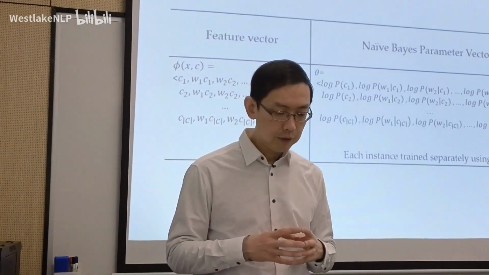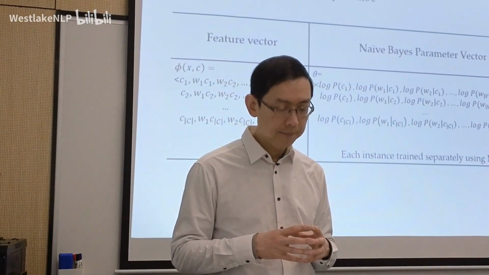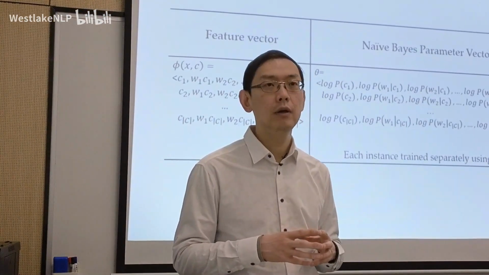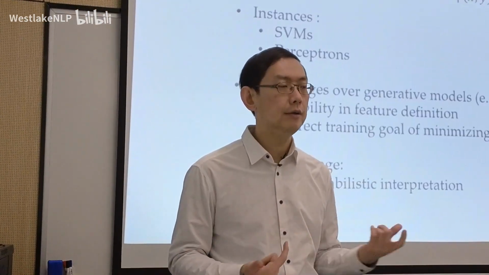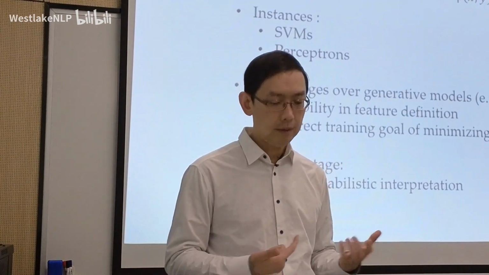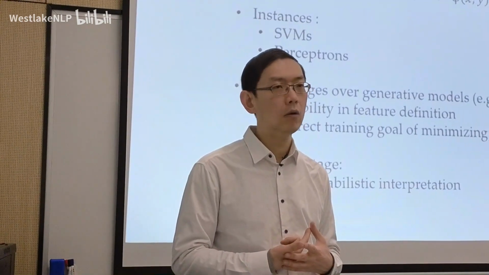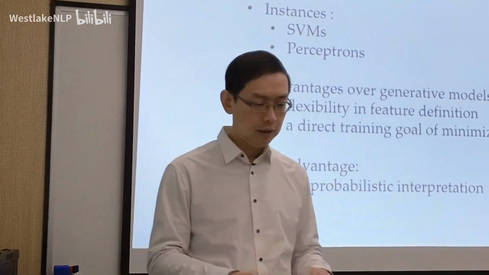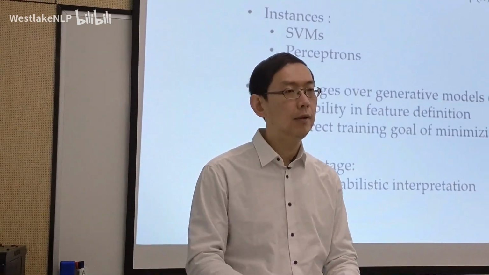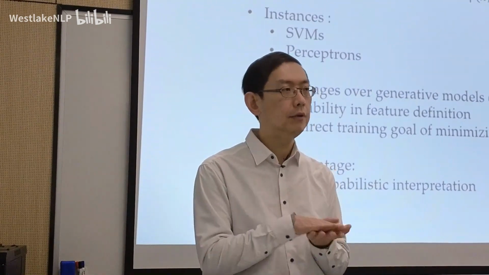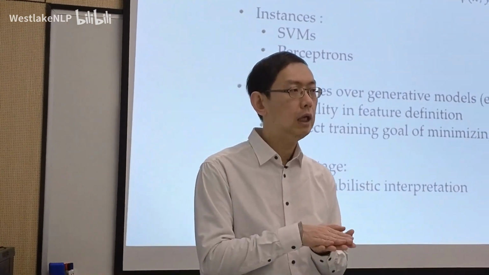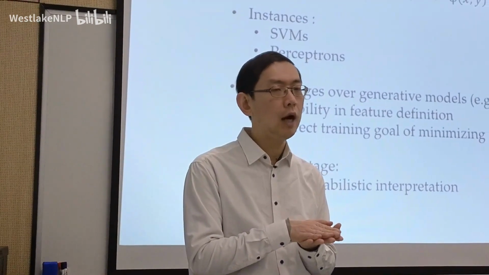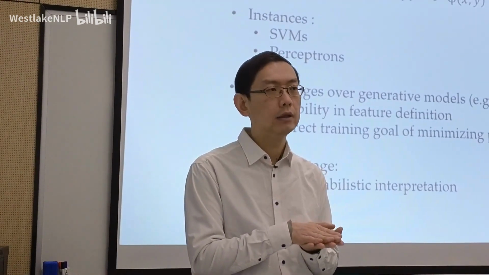When we come to SVM and perceptron, we also define a parameter vector which is of the same size as the feature vector, but then the parameter vector is trained as a whole. For SVM, we optimize a margin-based objective function, to make gold class labels score higher than incorrect class labels.